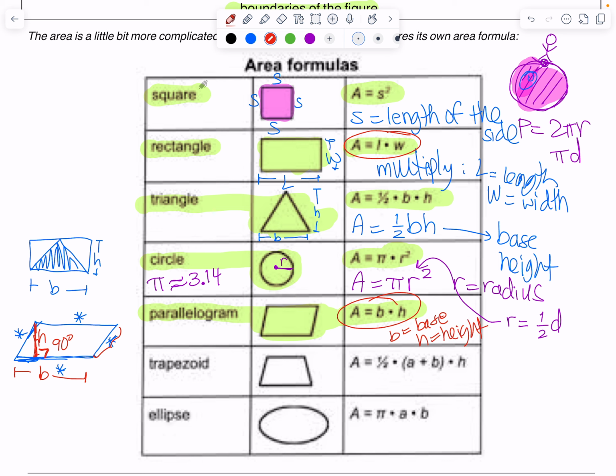Probably the less common of the formulas are coming now. The trapezoid is basically a rectangle that doesn't necessarily have its sides parallel like the parallelogram. That formula is, oh Lord, so complicated. Area is 1/2, parentheses, A plus B, times H. Anyway, what are A and B?